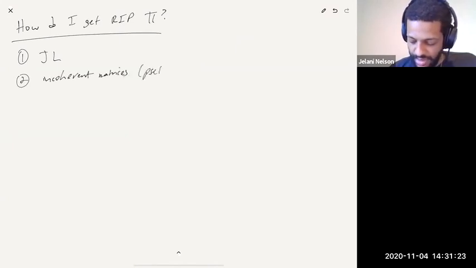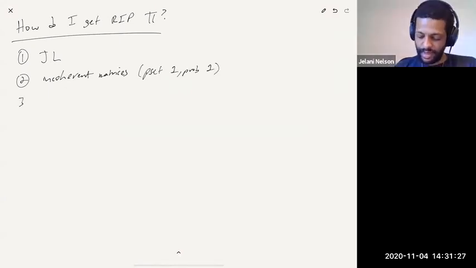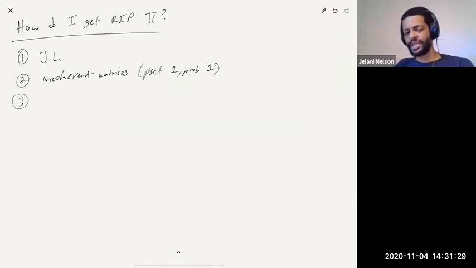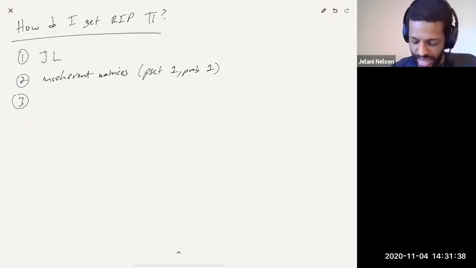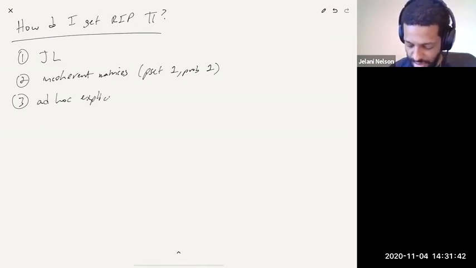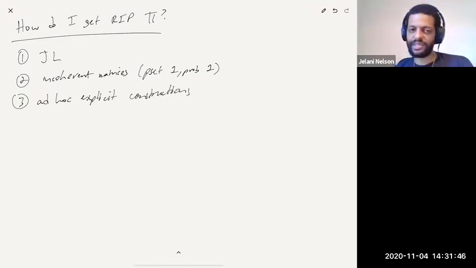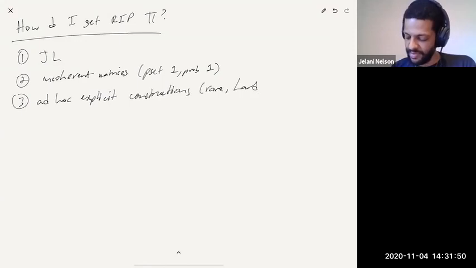This is P set 1, problem 1. We also saw incoherent matrices in class, or maybe it was just on the P set. And three, other ad hoc explicit constructions. But these unfortunately right now are rare and hard.